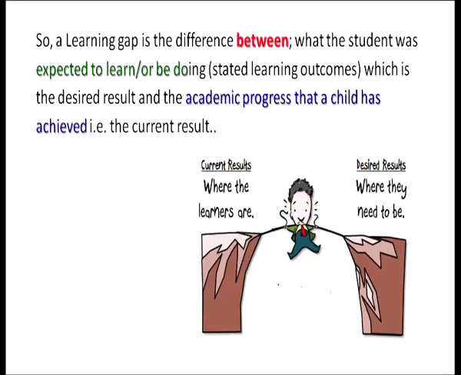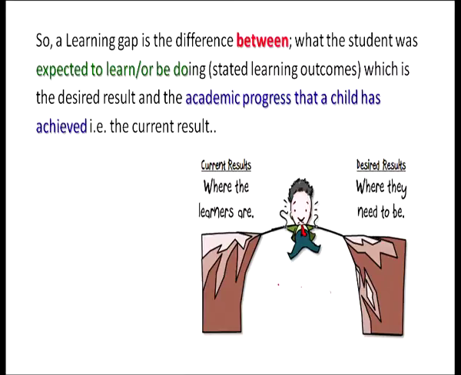So, here comes a gap. There is a difference, and this difference we call a gap in learning. A learning gap is the difference between what the student is expected to learn or be doing, so those are the stated learning outcomes, which is the desired result, and the academic progress that a child has achieved, that is the current result.